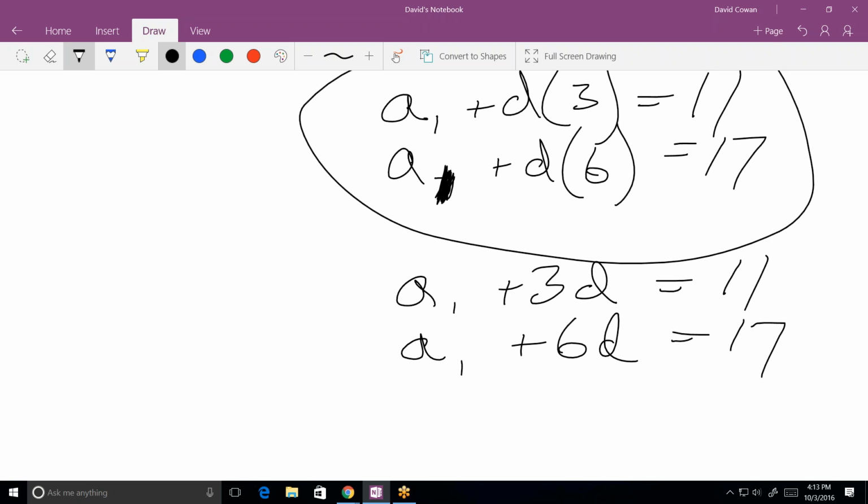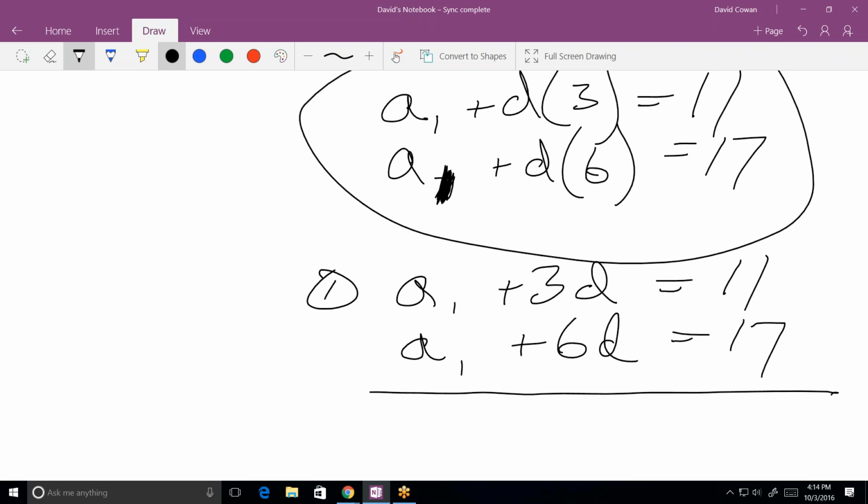I always use elimination when I'm looking at standard format. Standard format is where you have both variables on the left and a number on the right. You could use substitution, but it's not the best way to go, and you'll see why. I can choose elimination and I can subtract.